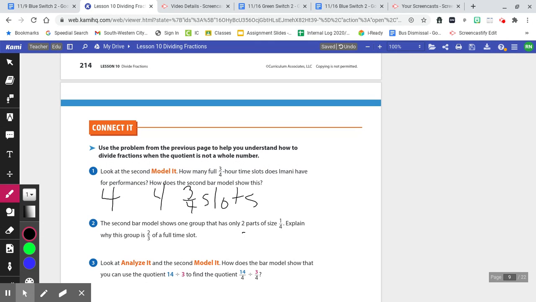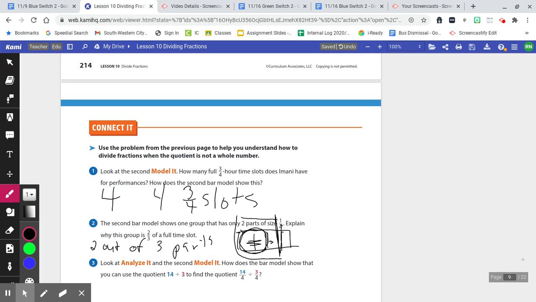Well, when you looked at the model and we get to the very end, here's my last model, and I had 2 of these, but how many did I need to make my whole group? I needed 3. So I had 2 out of the 3 that I needed. Because you need to fill a time slot with 2 out of 3 parts.